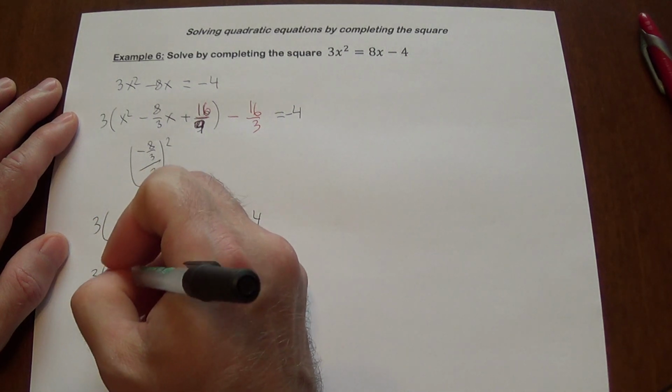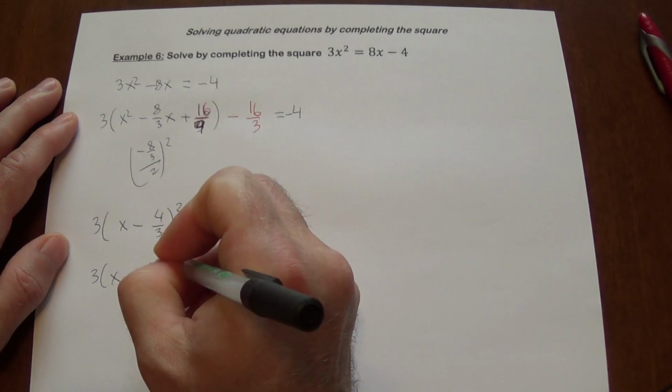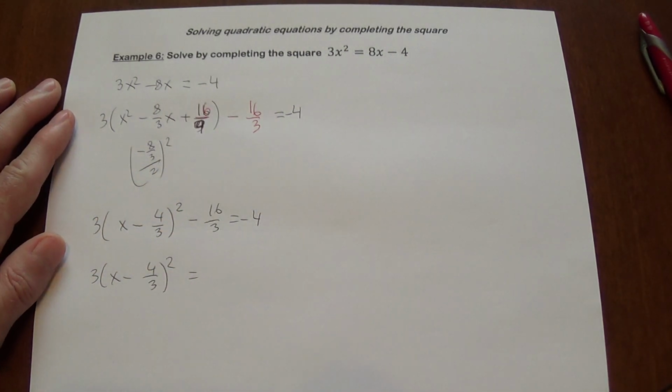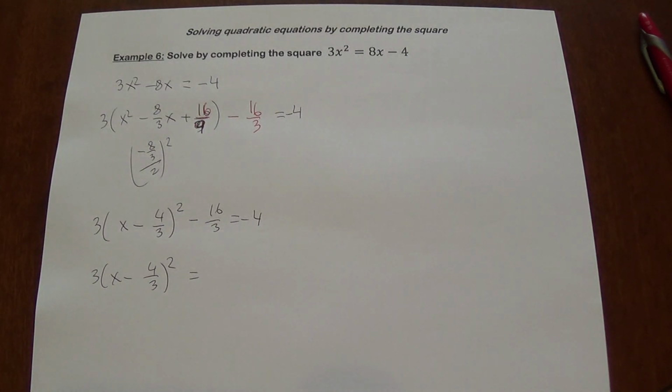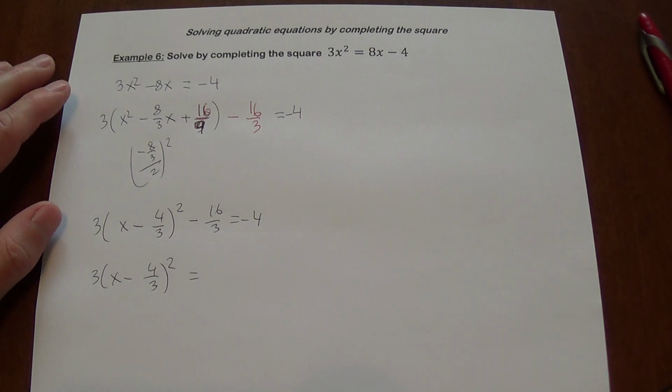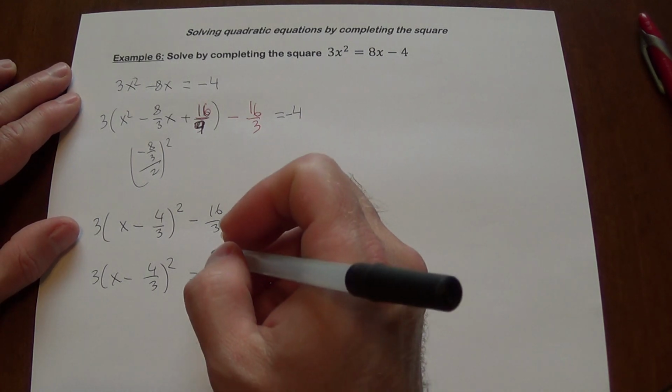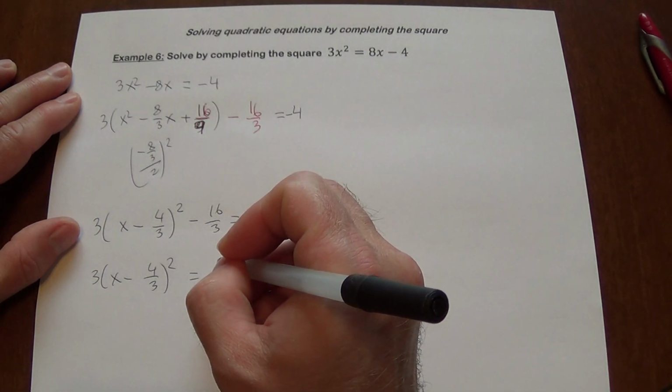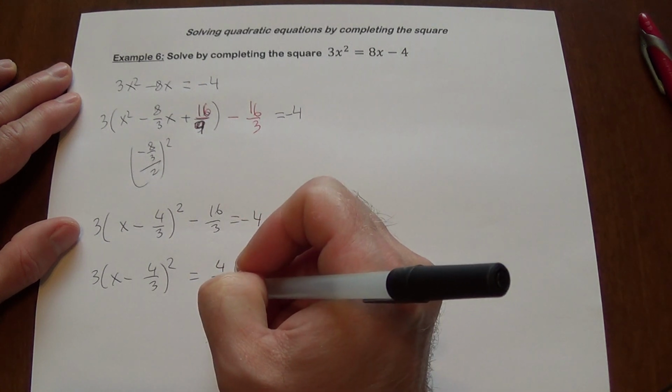So 3 times (x minus 4/3) squared equals, we're going to bring that on the other side, 16/3. So it's going to be negative 4 plus 16/3. It's negative 12/3 plus 16/3, which is 4/3.